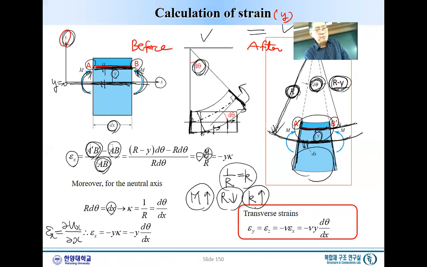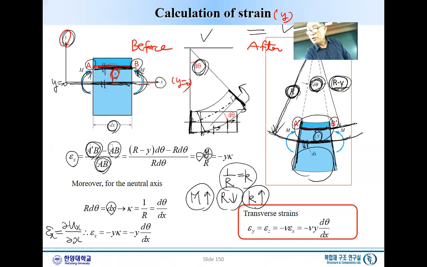So this AB line is located at Y. Well, this line is Y equals 0. We don't know the position yet, but we just say this certain line is Y equals 0, and this AB is located, and the distance from this line to Y equals 0 is simply Y.